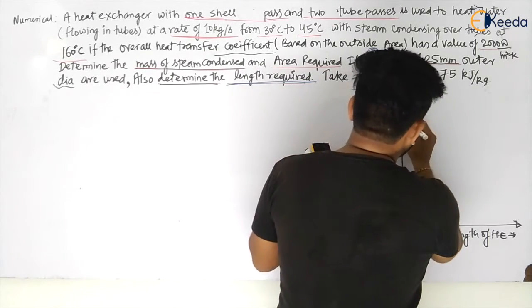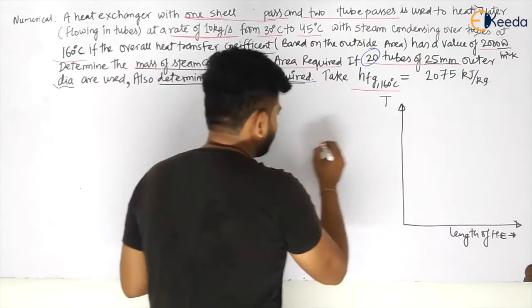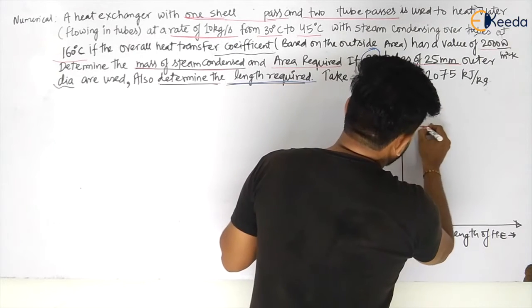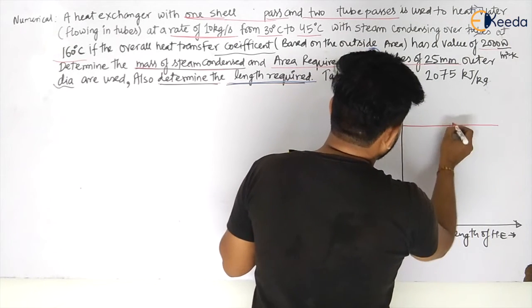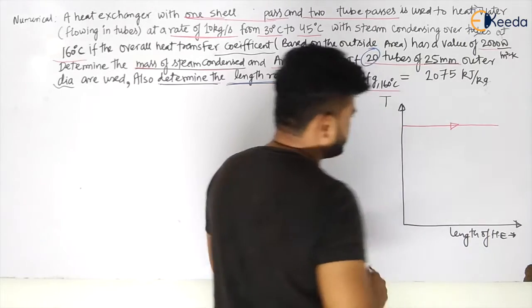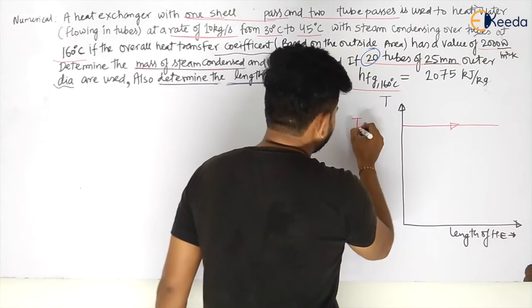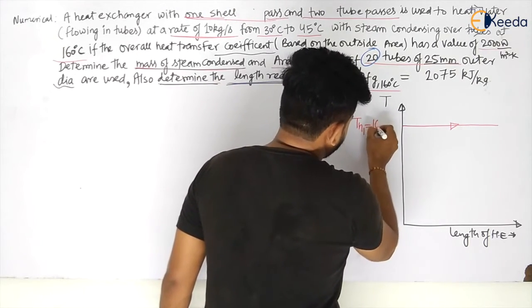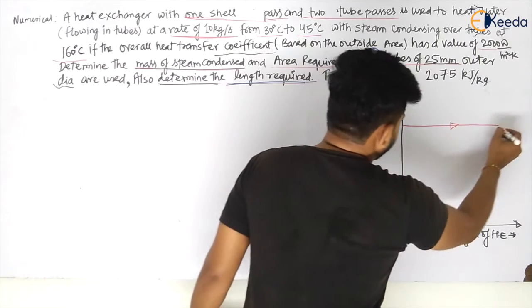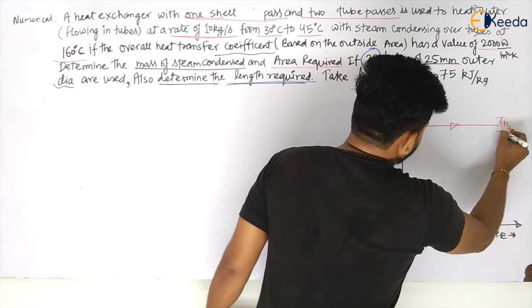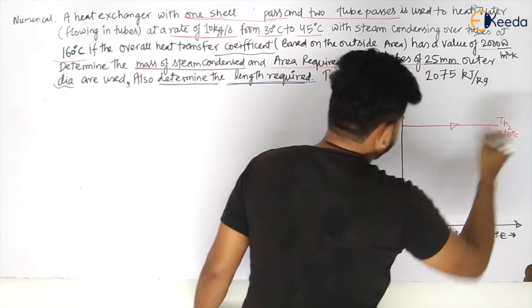As steam is undergoing phase change, this is a phase change kind of heat exchanger, and steam is condensing from TH1, that is 160 degrees Celsius, to TH2, that is 160 degrees Celsius. Very good.